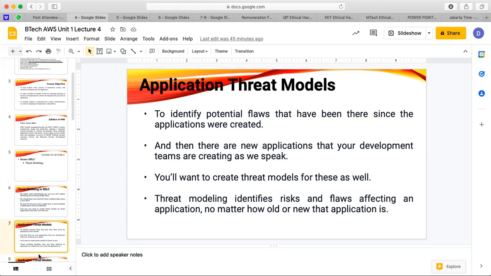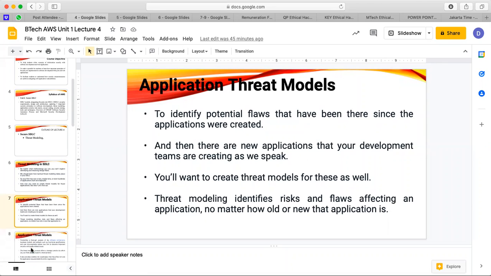Threat modeling identifies risks and flaws affecting an application, no matter how old or new that application is. So it does not matter whether our application is old or new. We have to identify risks and flaws that are going to affect your application, and for that we make a threat model that identifies risks inside your applications.